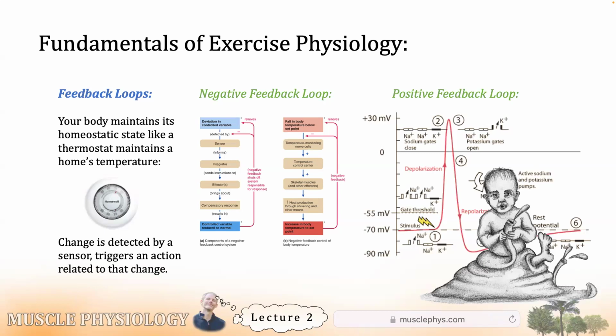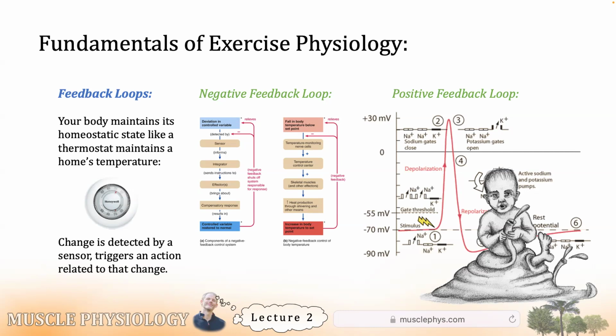But childbirth is a good example of a positive feedback loop where a little stretch in the uterine wall initiates a positive feedback loop to get the mother in expulsion mode. Blood clotting also involves a positive feedback loop.